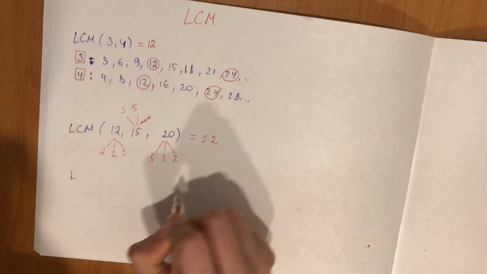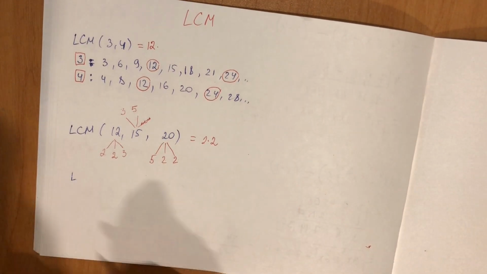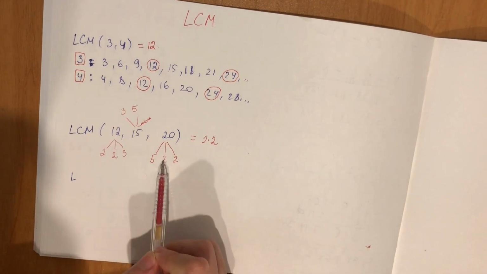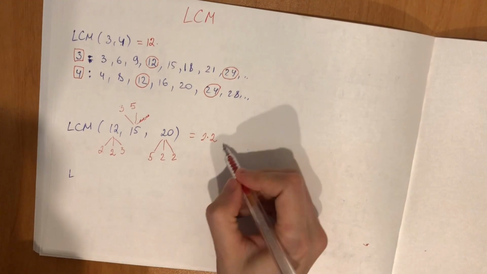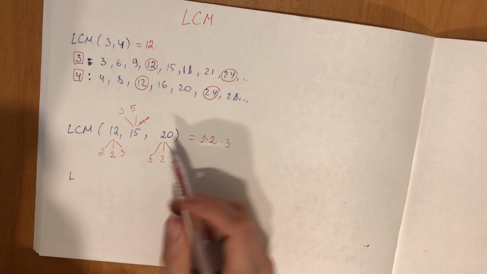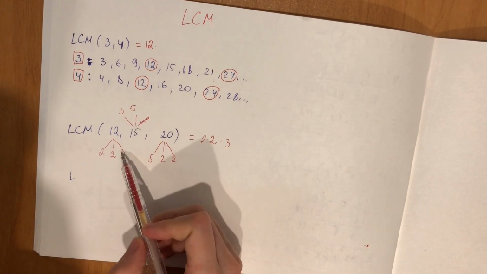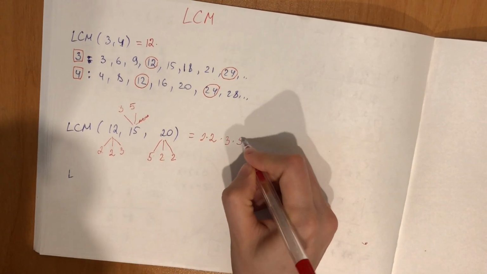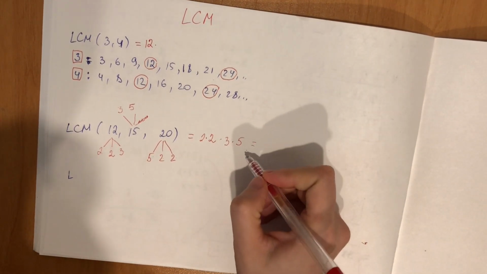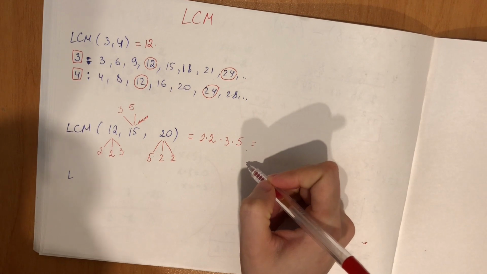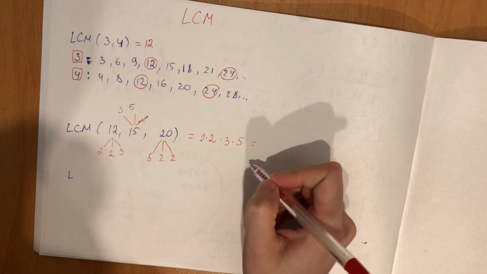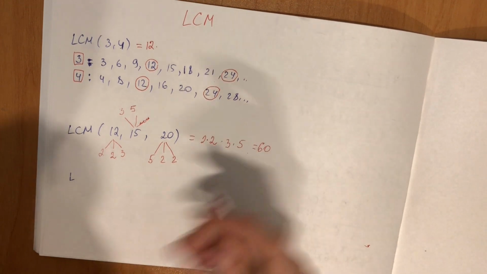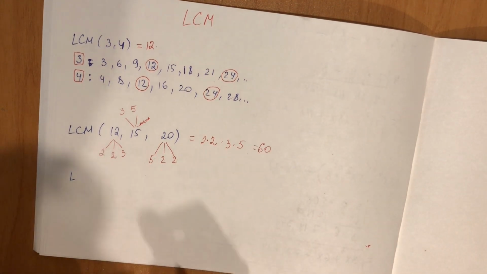So two 2's. And how many 3's? The most 3's is one, one and nothing. So one 3. And the most 5's is just one 5. It is equal to 4 times 3 times 5, which is 60. Yes, great.